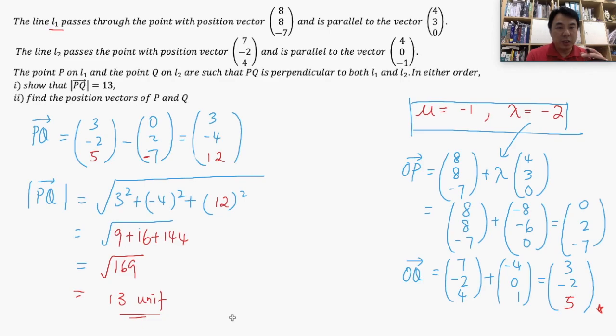So checking until you have corrected all the mistakes. In this case, we verify, with both the vector method and the algebraic method, that the length of PQ is given as 13 units.